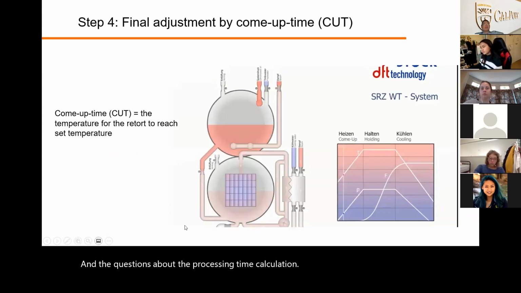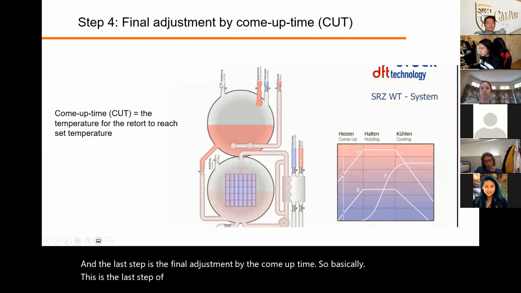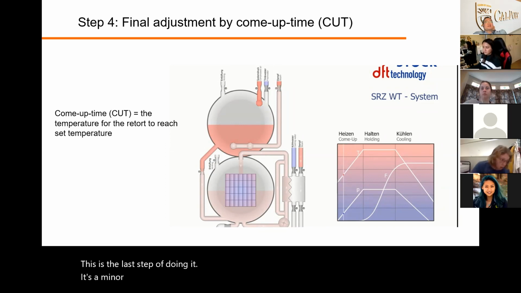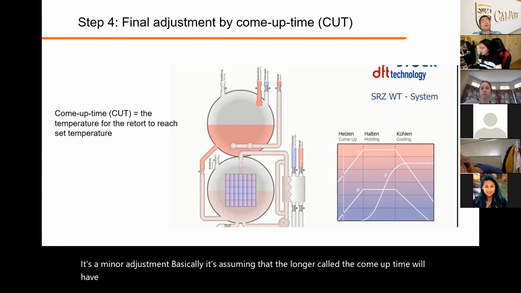Okay, and the last step is the final adjustment by the come up time. It's a minor adjustment. Basically, it assumes that a longer come up time will impact how long we want to process.